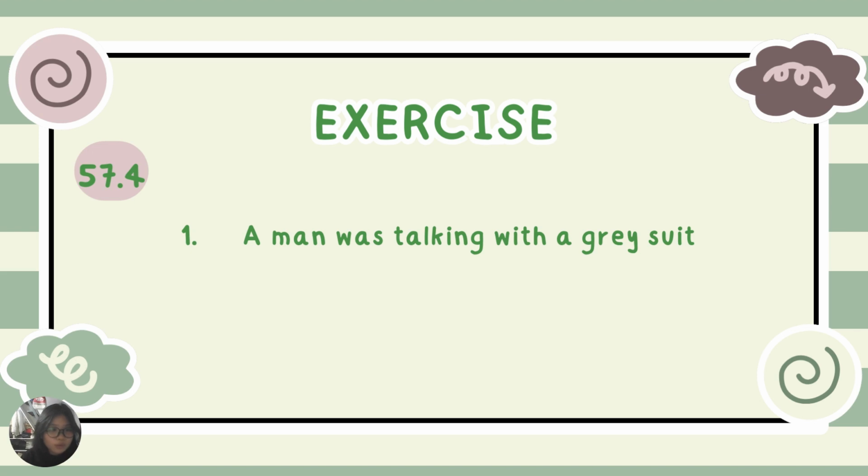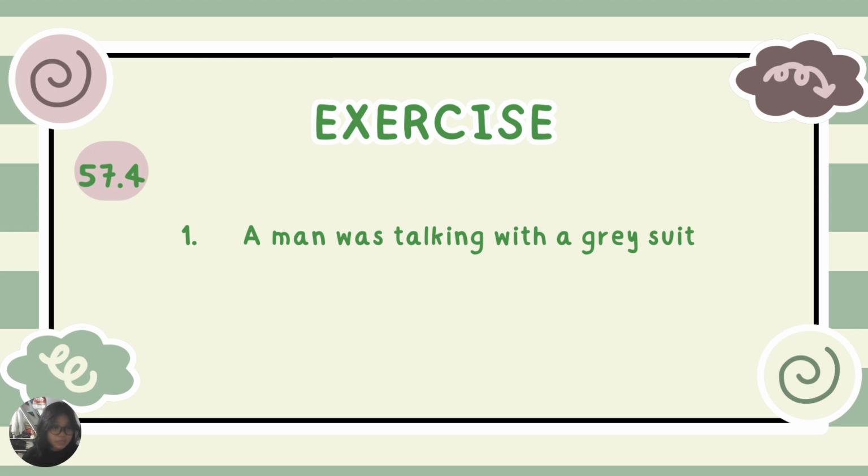Let's go with the first one. A man was talking with a red shirt. The true meaning of this sentence is that a man is wearing a red shirt and he was talking.